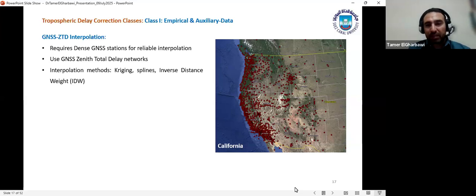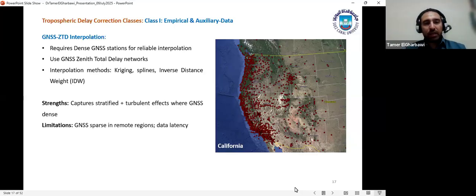These dense networks exist in very few places in the world, like California or Japan.